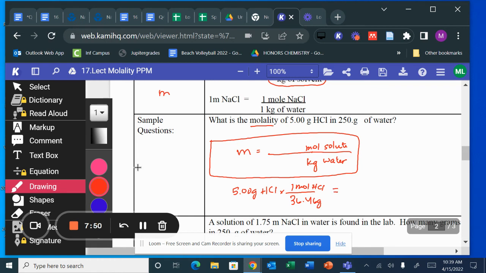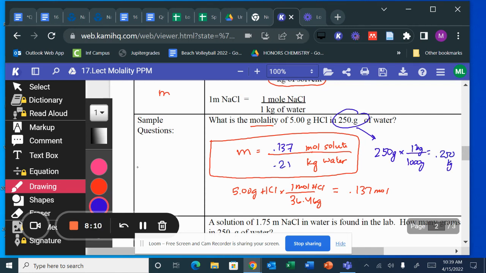It's equal to 0.137 moles. That will go here. And then kilograms of water, just change this to kilograms. 250 grams, 1,000 grams in 1 kilo equals 0.250 kilograms.